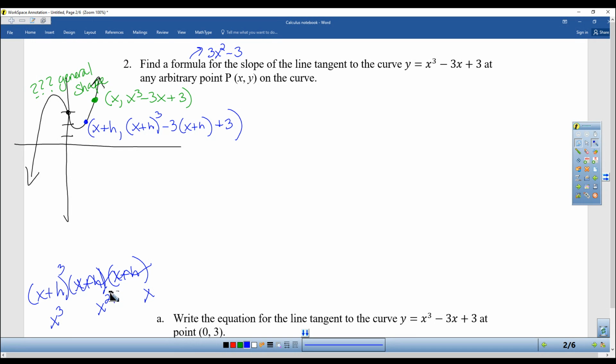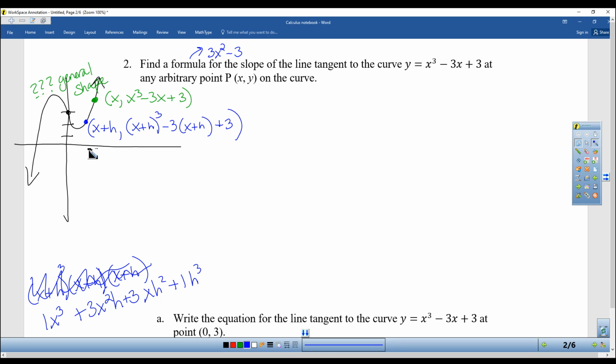No h, 1h, 2h, 3h. Is this coming back to you at all? And the coefficients for the cubic one is 1, 3, 3, 1. That is definitely faster than multiplying out x plus h 3 times. But if you don't remember your pre-calc, don't tell me. I don't want to know if you don't remember your pre-calc.